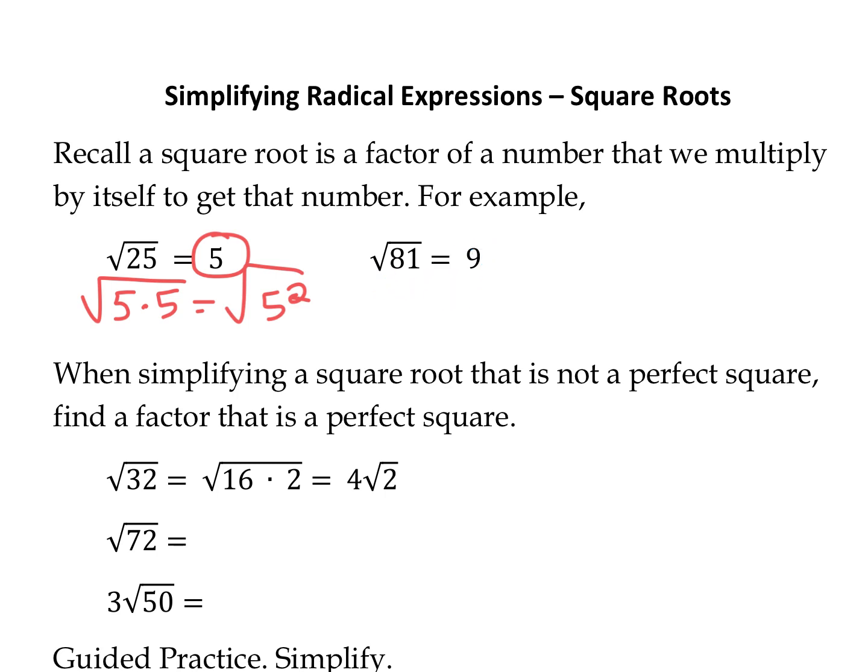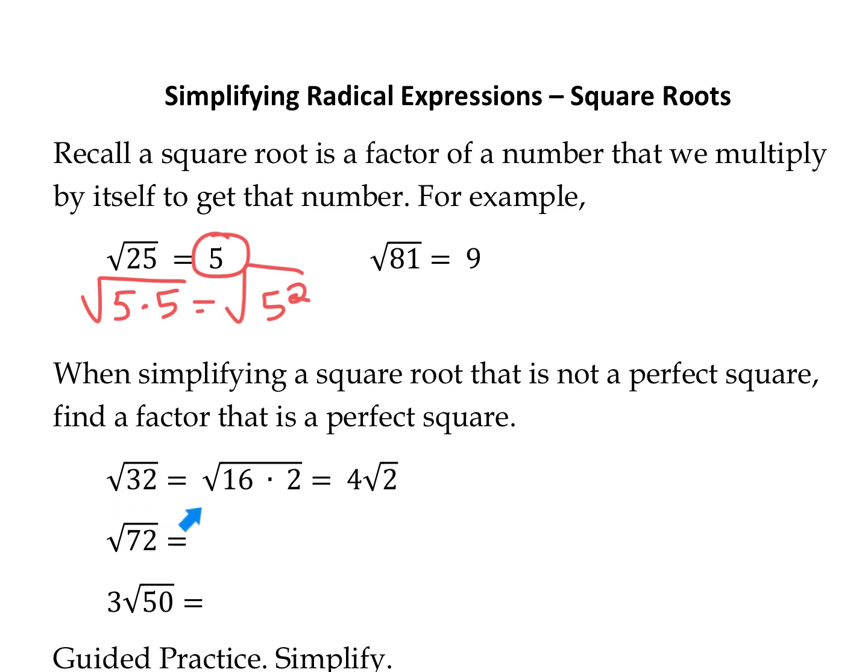All right, so when we want to simplify radical expressions, we want to find perfect square factors. Not every number is going to be an exact square root, like 81 would give us 9. We might have something like 32. There's no integer, no number times itself to give us 32. So we want to break down 32 into factors where one of them is something we know the square root of.